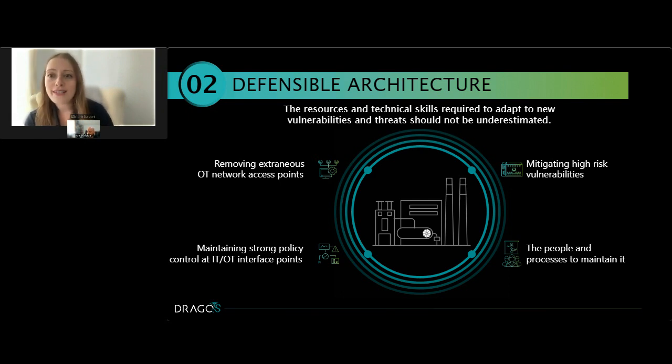And if it ranks high, then you should prioritize mitigating those vulnerabilities. As well as the people and processes to maintain it. So having and creating a program, as well as training your people and making sure that they have the necessary resources to carry it through and maintain and update it as needed.